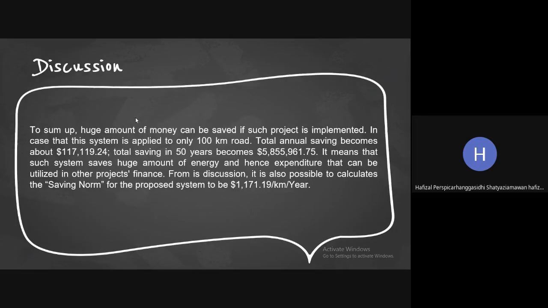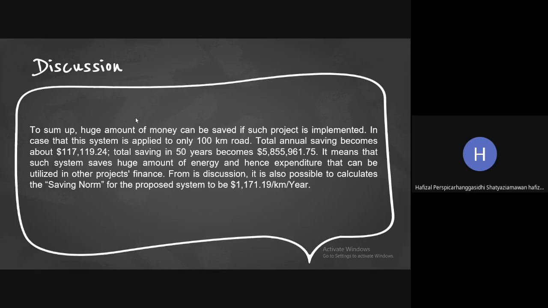Okay, and then following are the results of research that need to be discussed if this idea is applied to the route. To sum up, a huge amount of money can be saved if such a project is implemented. In case the system is applied to only a 100-kilometer route, total annual saving becomes about $117,190 and 24 cents.